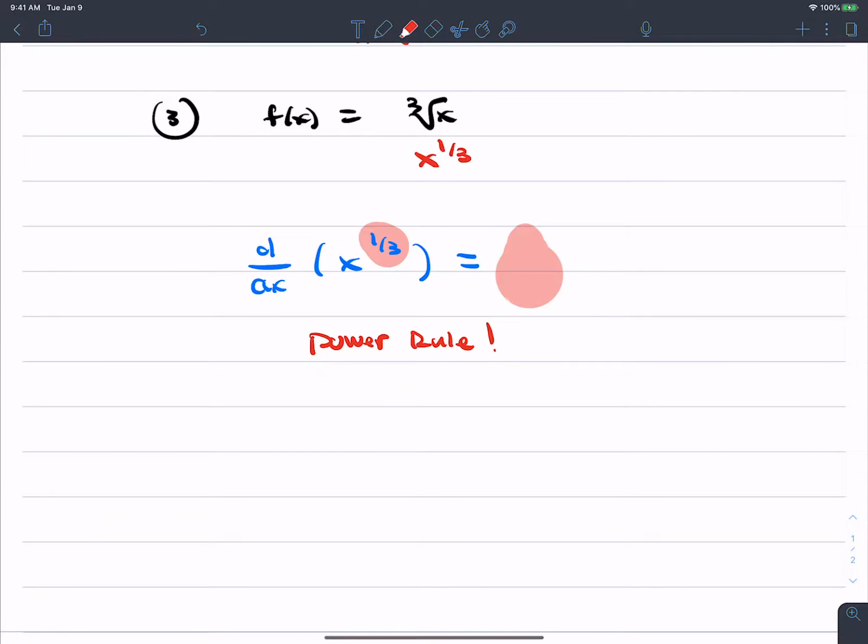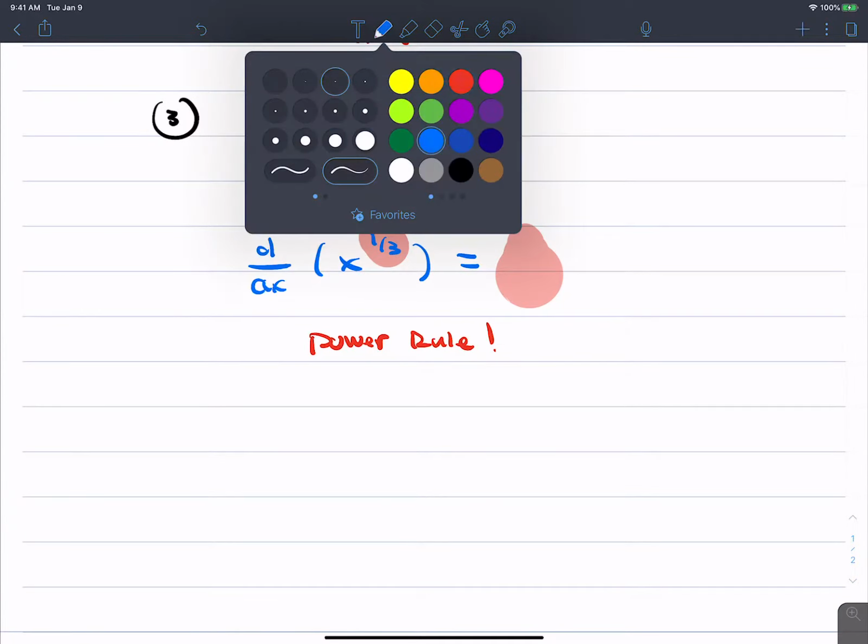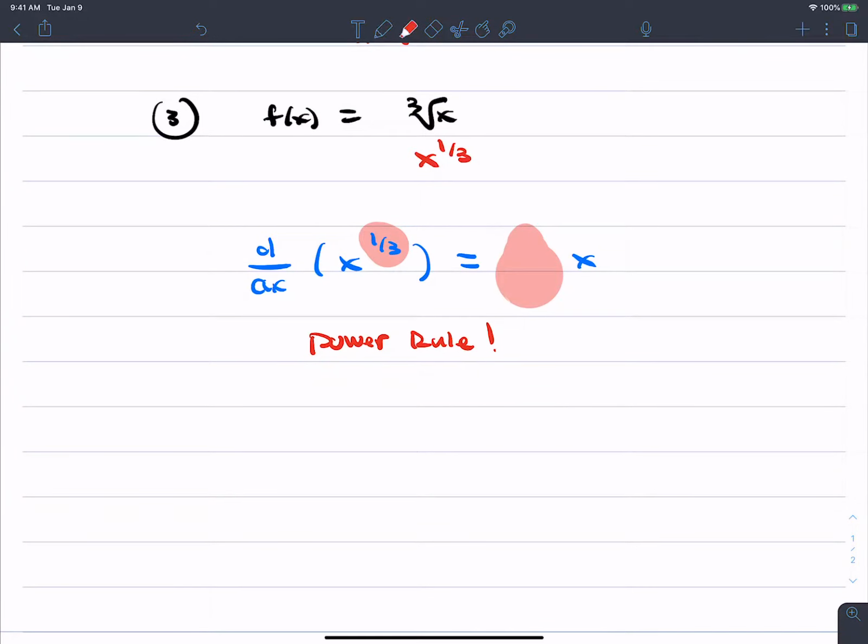You're going to write the power, and you're going to write times x to the power minus 1. Now remember what the power was. The power is 1/3. And so this is 1/3 x to the 1/3 minus 1. Remember what 1 is.